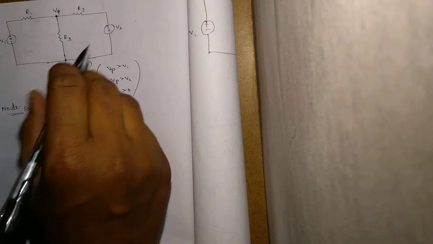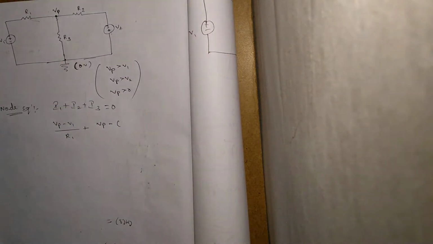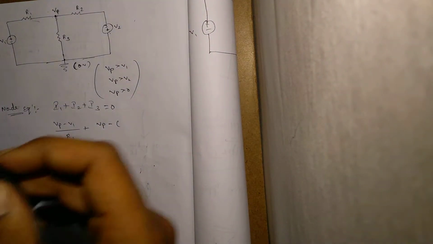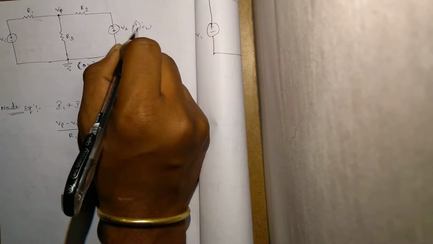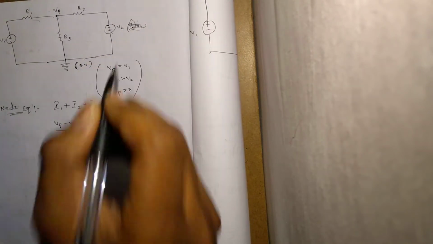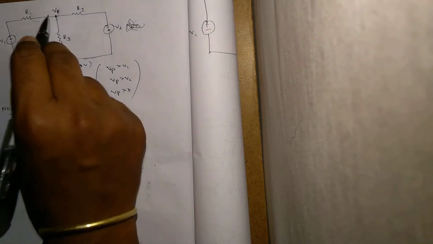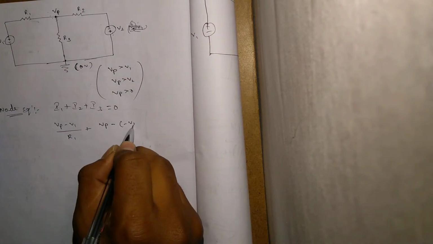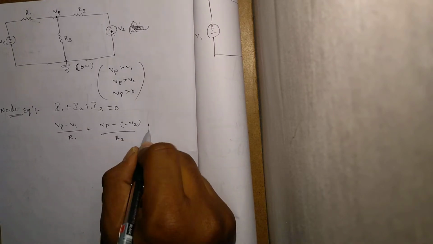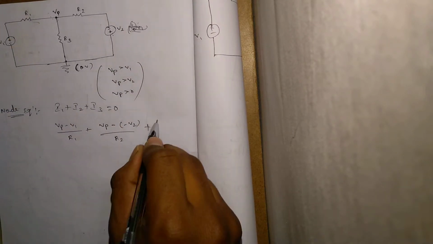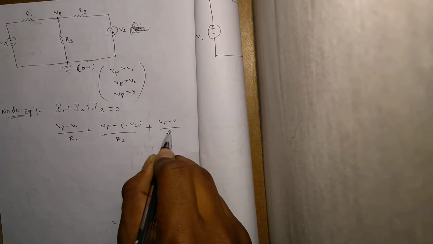The terminals are different here. It is plus minus and it is minus plus. It is nothing but minus V2 in this direction. So (VP minus of minus V2) by R2 is my I2, and (VP minus 0 volts) by R3 is I3.